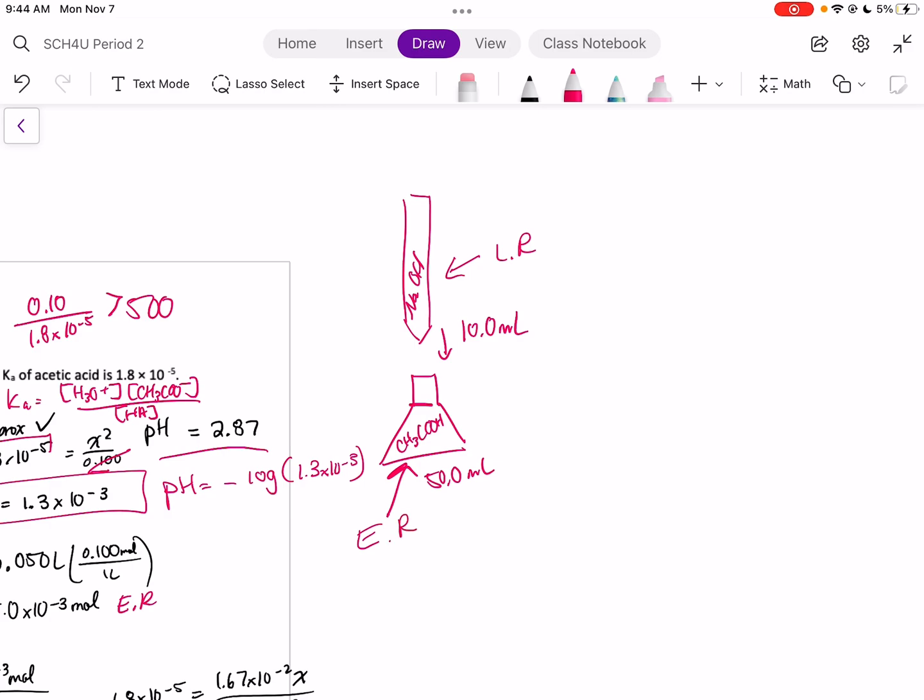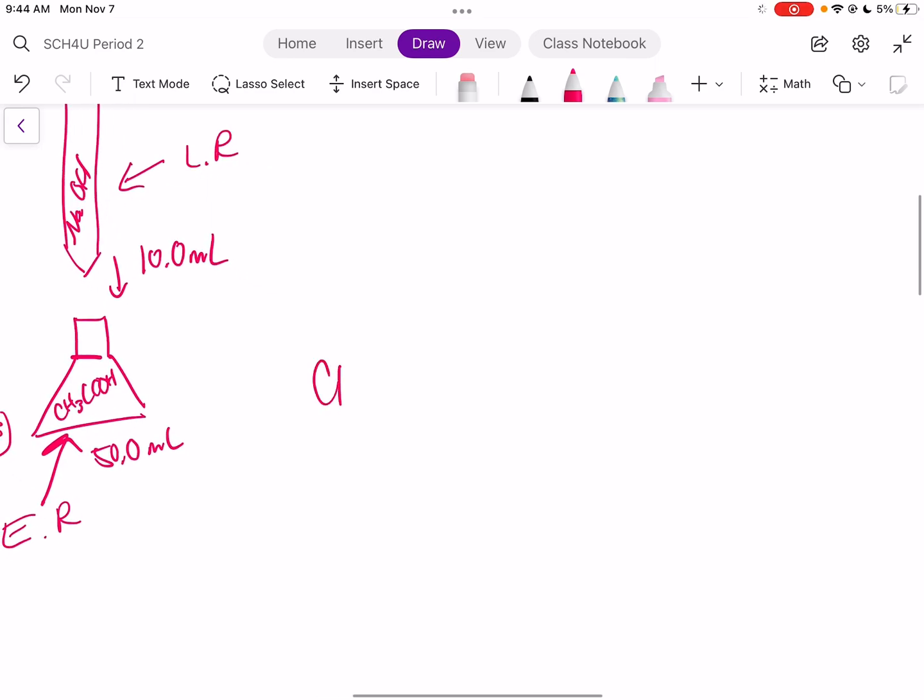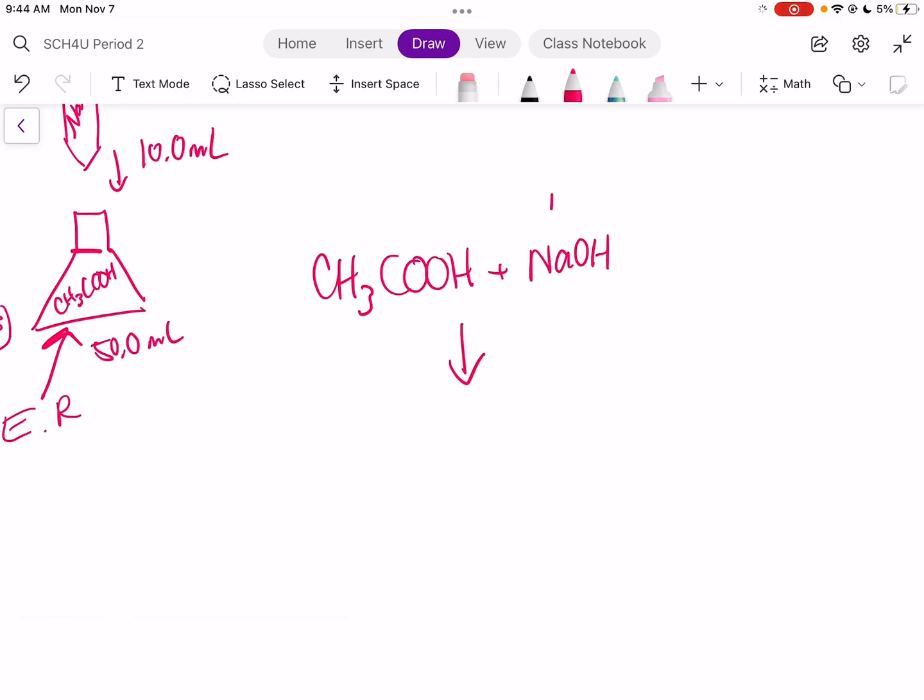But I have to do the math to see what happens. Let's think about this balanced chemical equation. Once I add 10 milliliters of this to 50 milliliters of this, I'm going to be making my sodium acetate and water.